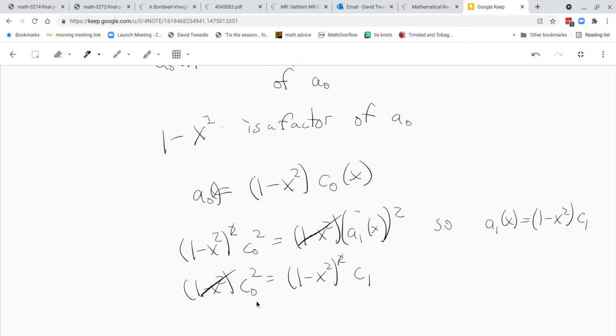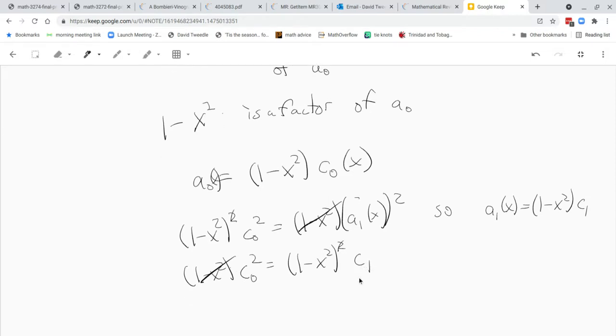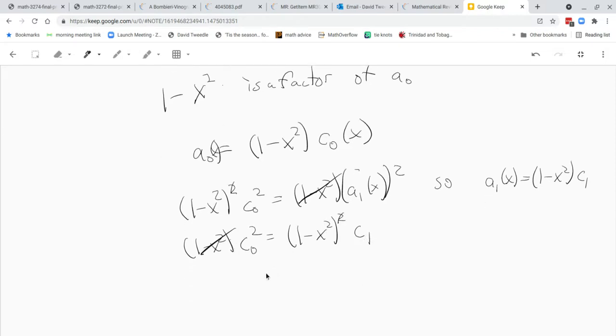And you're back to where you started, except the degree of c1 is 2 less than the degree of a1, and the degree of c0 is 2 less than the degree of a0. The same argument tells you that the same thing has to happen again. So this process continues indefinitely.